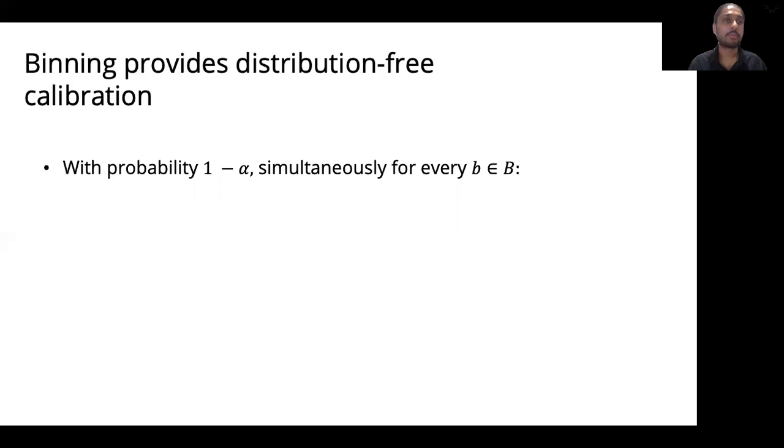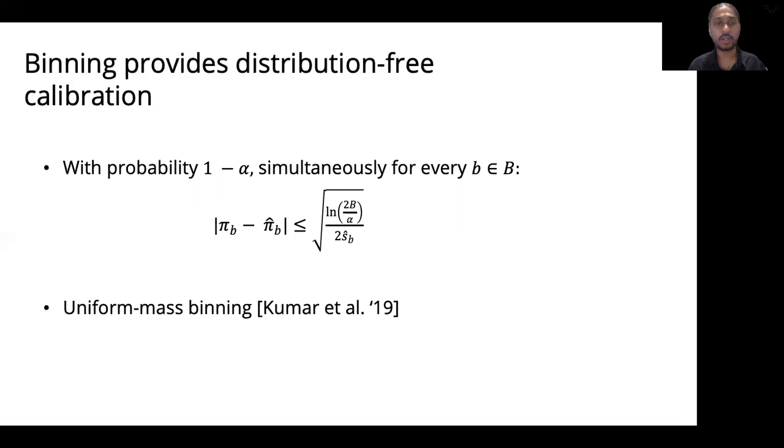And we can show that binning provides distribution-free calibration. Specifically, with probability 1 minus alpha, for every bin b, the difference between the empirical mean and the true mean is at most square root of ln(B over alpha) over S-hat_b. Now, S-hat_b, recall, is the number of points in bin b.